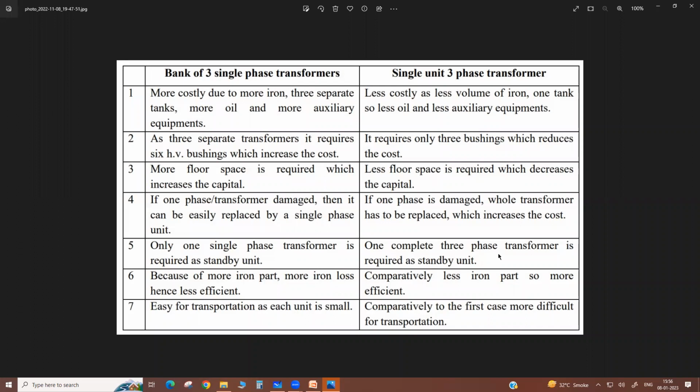But here a complete transformer needs a standby unit. Because of more iron, it is less efficient comparatively. This is highly efficient because it is a single unit and losses are less. Overall, there is loss in 3 units. Easy transportation, but here it is large, it is difficult. Got it?